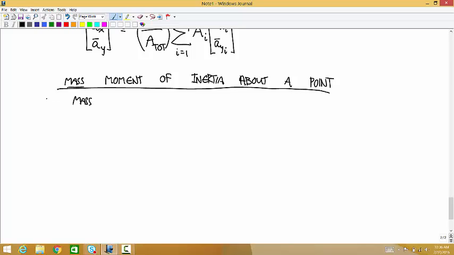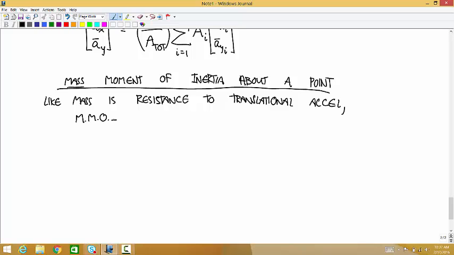Just like mass is a measure of resistance to translational acceleration, mass moment of inertia about a point, that's catchy, is a measure of resistance to rotational acceleration, angular acceleration.